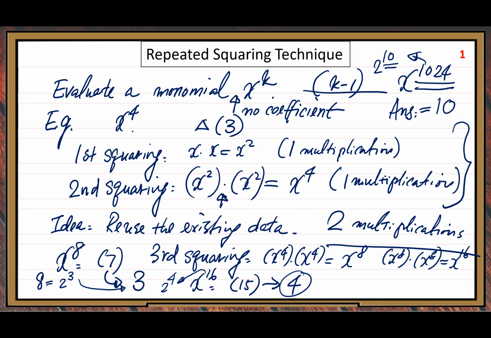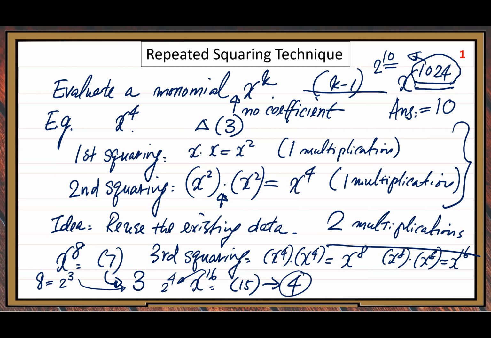Now think about the huge difference. With repeated squaring, you reduce the number from 1024 to 10. Is that improvement huge? Think about that improvement. How huge it is.